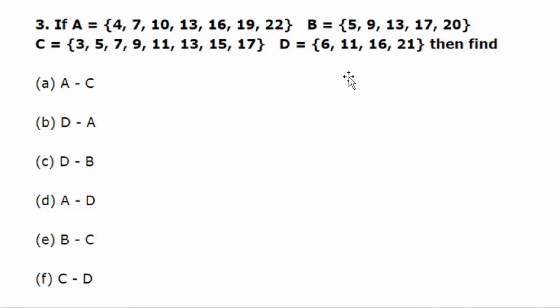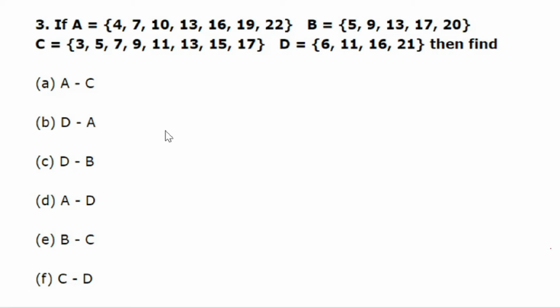And set D, whose elements are 6, 11, 16, 21. Then find the following. I guess you can easily follow this because a while ago, before I discussed difference, I already started using the symbol of minus or difference using the complement. The idea is almost the same but not including the universal set.